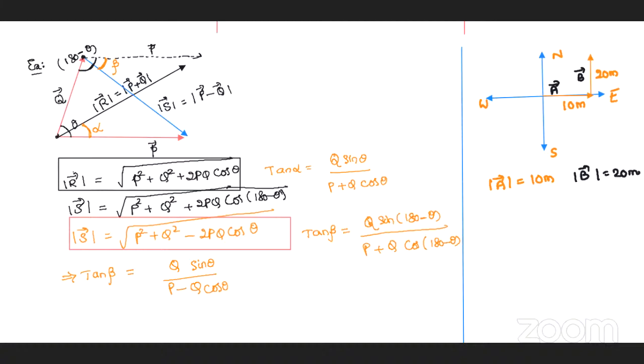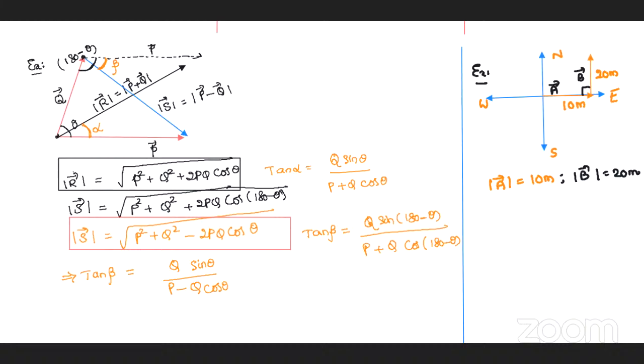This is the information given. East and north are obviously perpendicular to each other. Now this is the example.